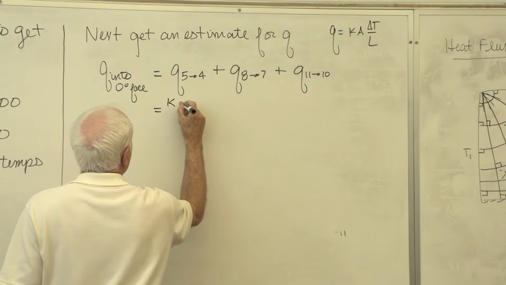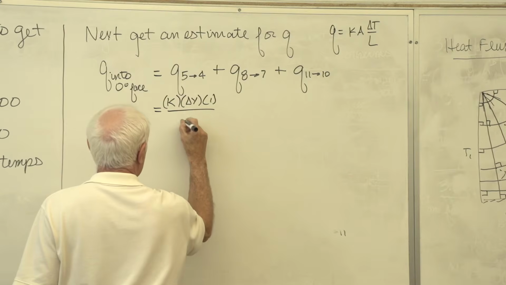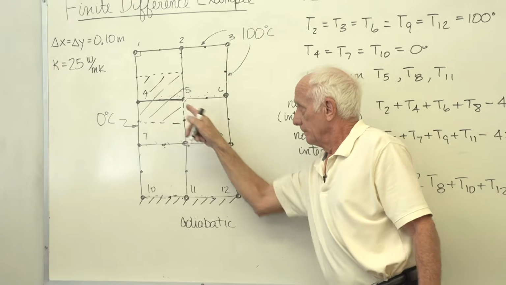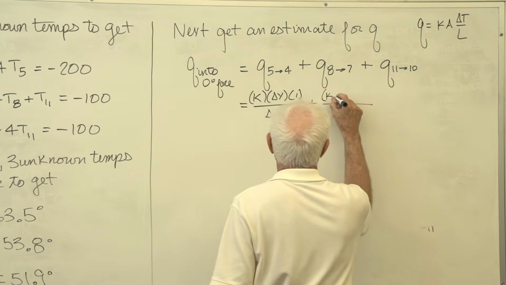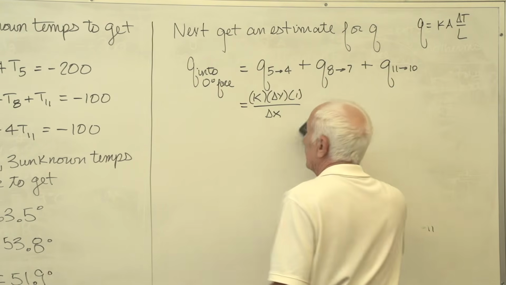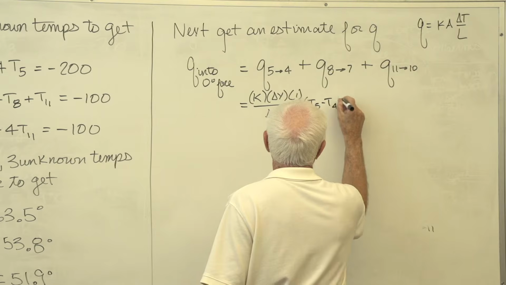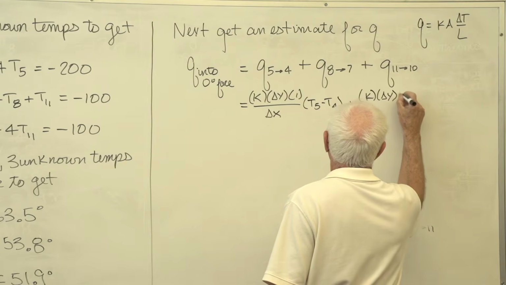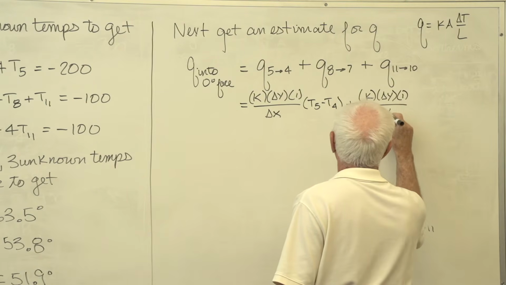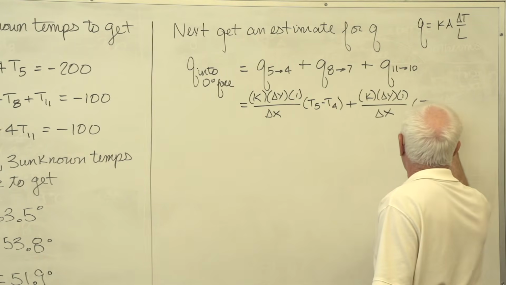Okay, K, the area, delta Y times 1, divided by the distance the heat traveled, delta X. Okay. 8 to 7, same thing. K. Oh, put the temperatures in there. T5 minus T4. Plus K, area, delta Y times 1, delta X, T8 minus T7.